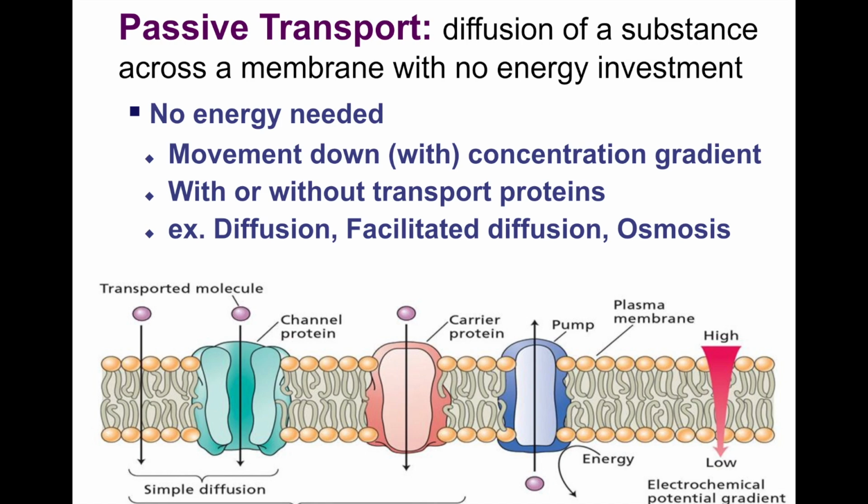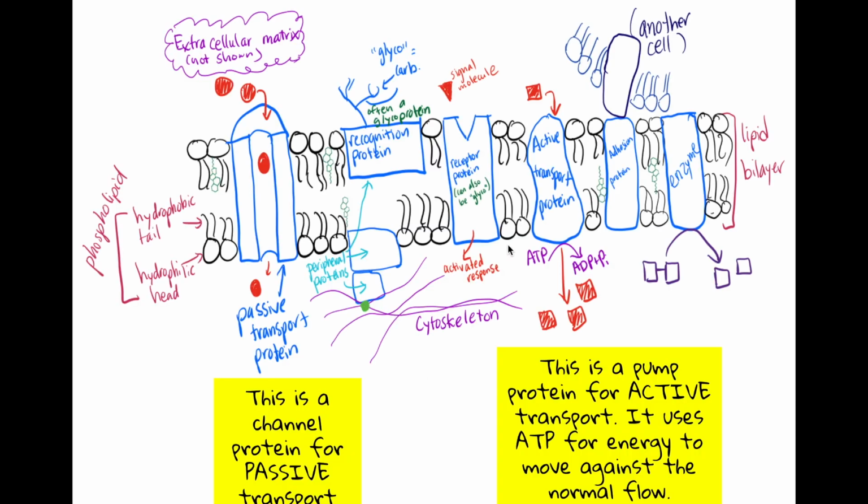So, in this case, going back to this diagram I drew a while ago in chapter 4.3, that's why I had two types of transport proteins. You can actually see it in the image with this passive transport protein, which is actually a channel protein. Notice there's a hole drilled through it. You're seeing materials go from a higher concentration to a lower concentration, and you don't see the use of ATP.